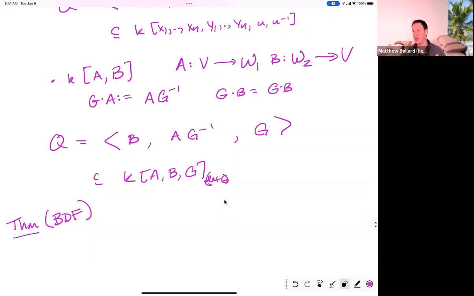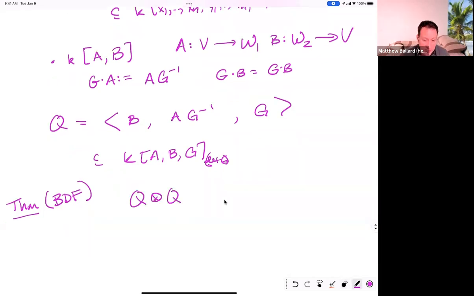Now really the direction in which I tensor it is important because the two actions are not the same.